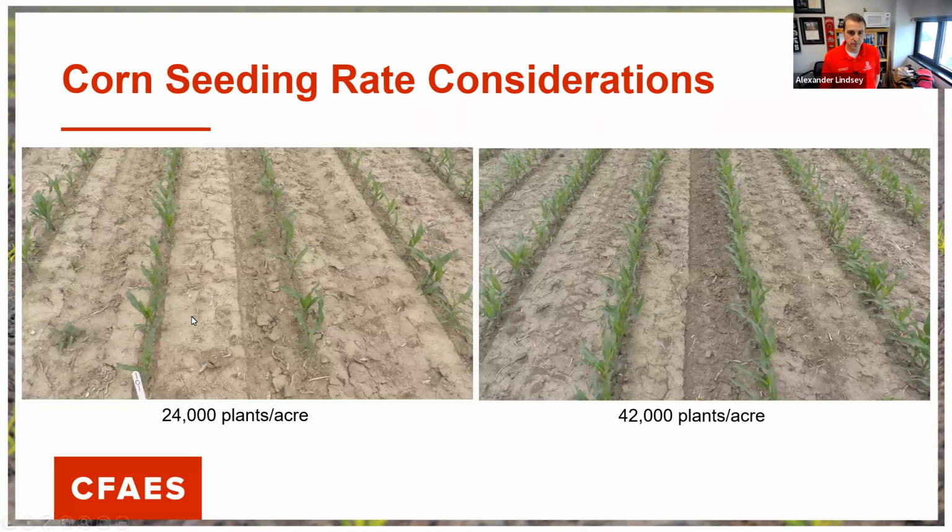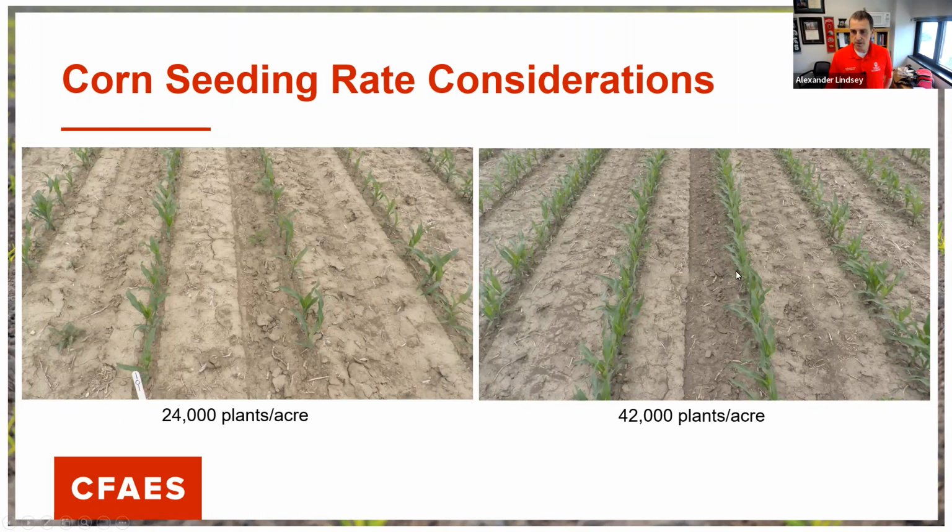Just to show some differences, we plant our crops in rows, but we change our seeding rate, which can affect the density, or how close the next neighbor is within a row for these particular plants. Here we're looking at a picture of a corn plot that was planted at 24,000 plants per acre. So if you went through 1 acre and counted all of these, you should get this value. And this is a comparison.